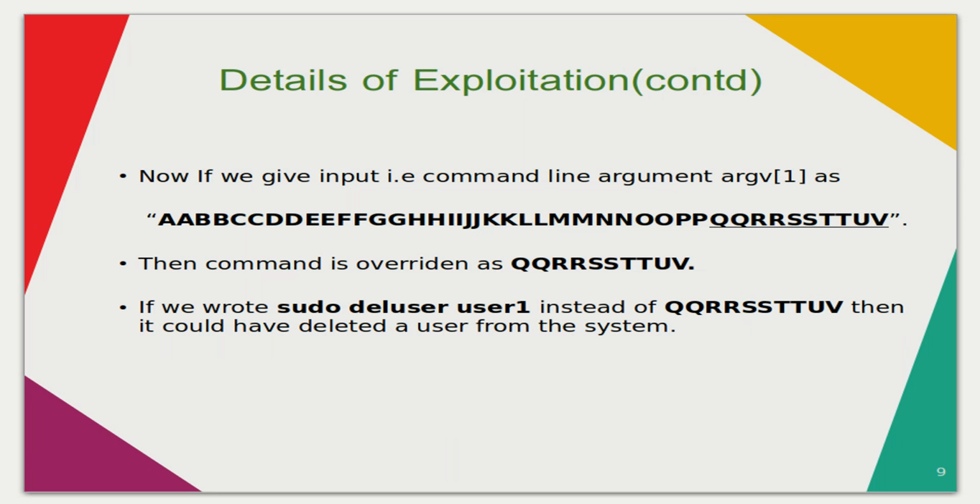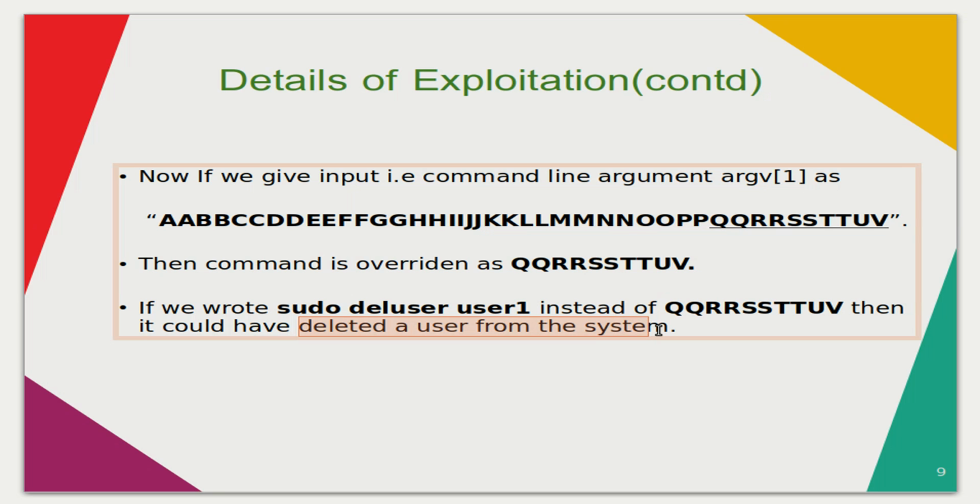We saw that variable2 was overwritten with QQRRSSTTUV, and if we wrote sudo del user1 instead of QQRRSSTTUV, then we could have deleted a user from the system. That is the exploitation of the system.